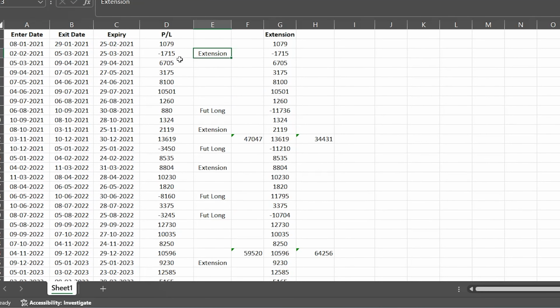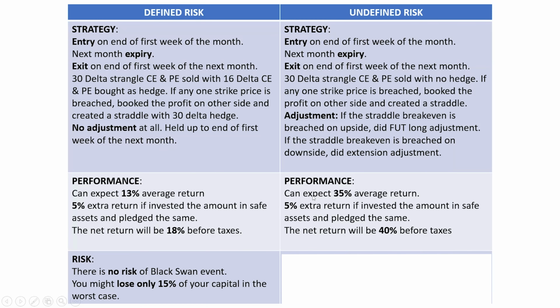These are the times I did my adjustments. In the gaps in between I didn't do any adjustment because there was no need for it at that time. So you can see the backtesting result. With this you can expect a 35% average return and a 5% extra return if you invest in safe assets and pledge them for margin. So the net return will be 40% before taxes.